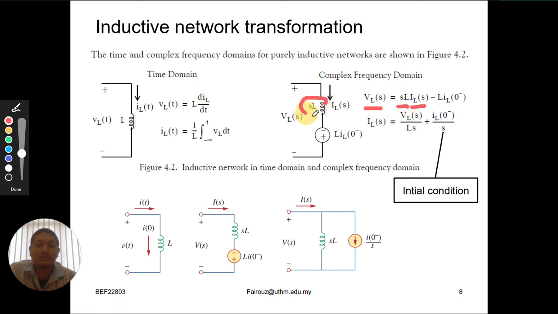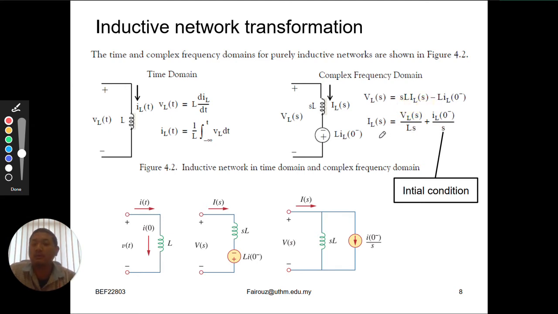So this is the inductor SL now. So instead of having to L times di over dt or integration of VL against dt, now it's simply just multiplication of SL times L.